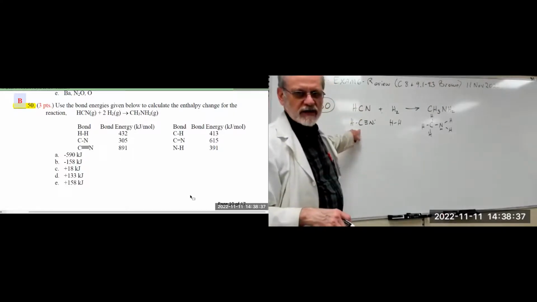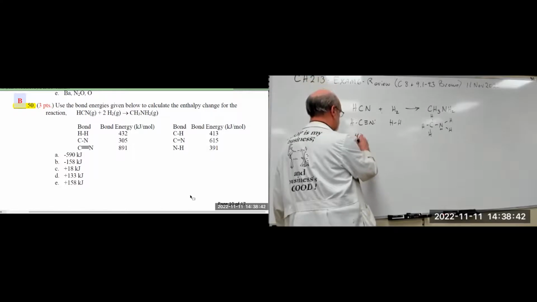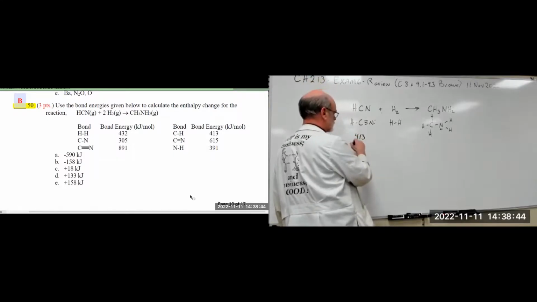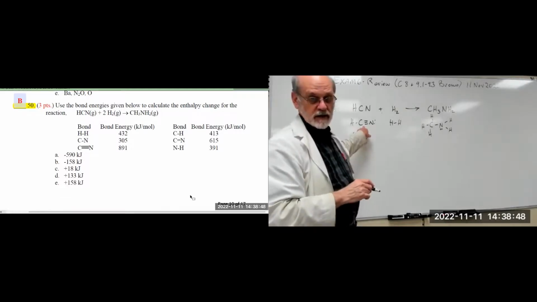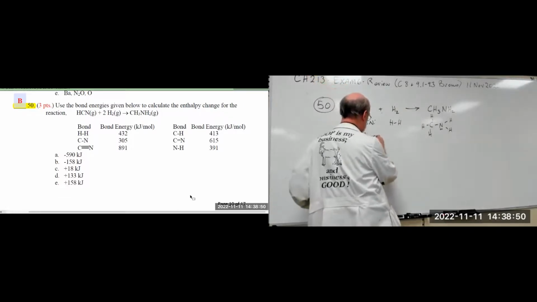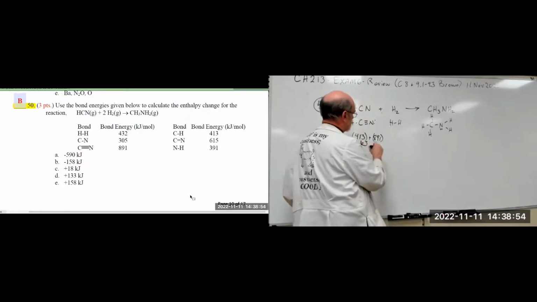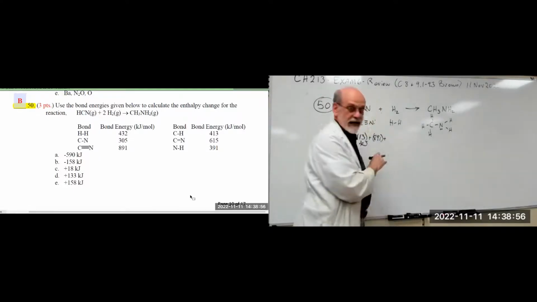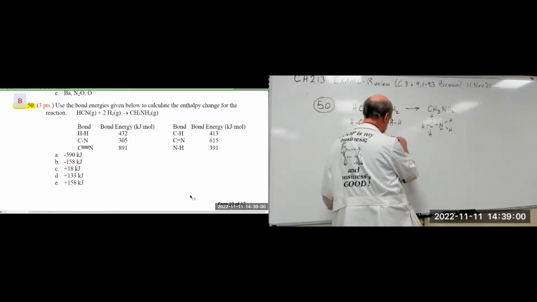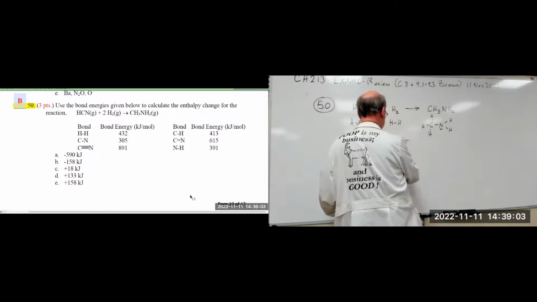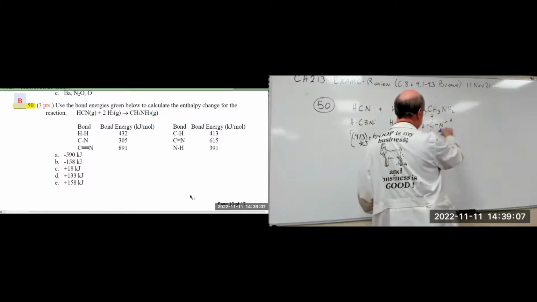There's a carbon-hydrogen bond here, carbon-hydrogen, 413 kilojoules. And then we have a carbon-nitrogen triple bond, 891 kilojoules. And then we have one hydrogen-hydrogen bond, 432.